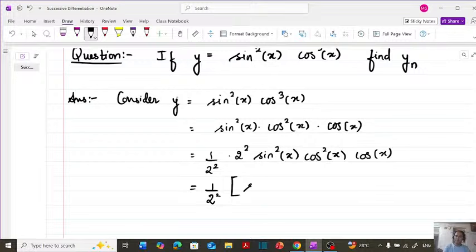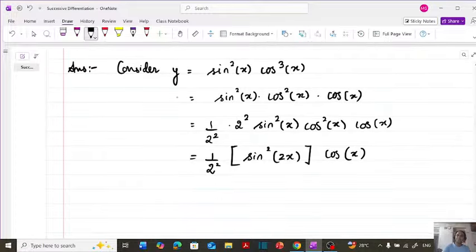So here it's going to be sine square 2x into cos x, and sine square is going to be 1 by 4. This is here, and 1 minus sine square theta is 1 minus cos 2 theta, so this is 1 minus cos 4x.